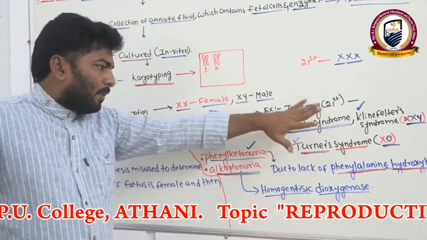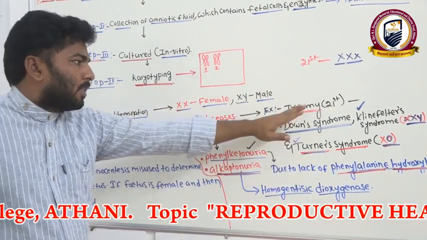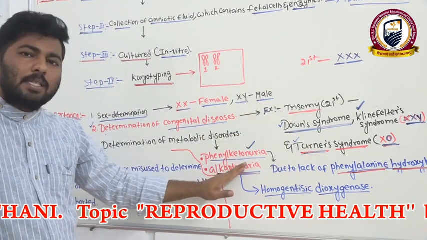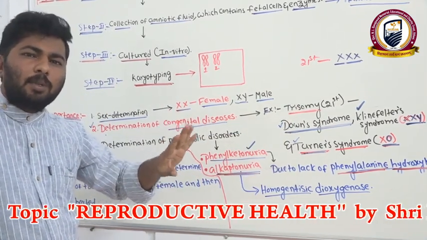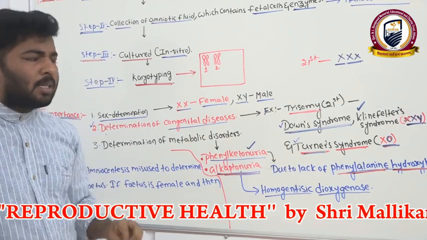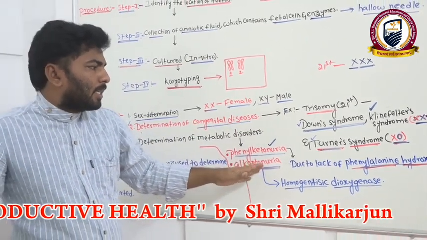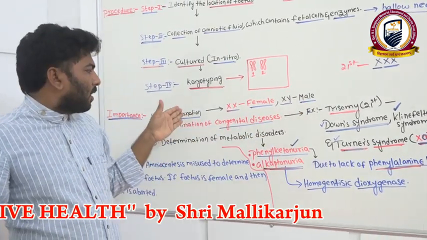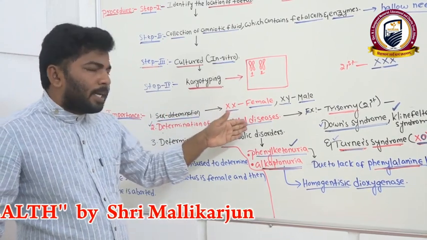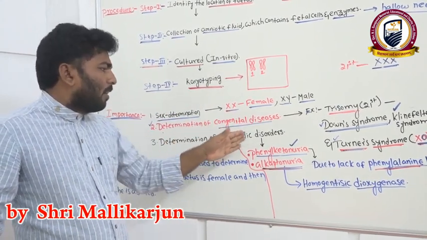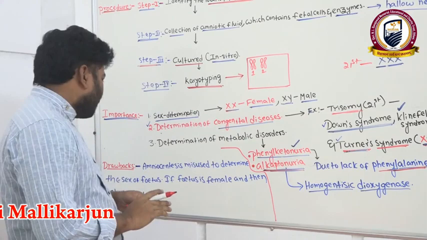Clear? All these disorders we will discuss in the next chapter clearly with the symptoms, preventing measures and all the things. But here we are discussing only examples belonging to congenital diseases and examples belonging to metabolic disorders. Okay, clear.